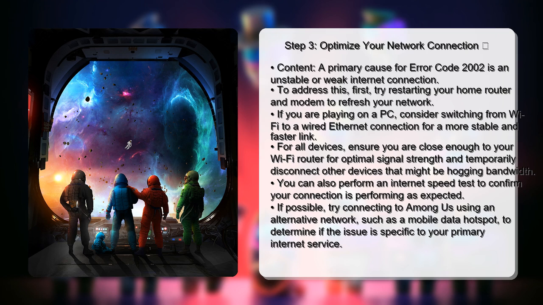Ensure you are close enough to your Wi-Fi router for optimal signal strength, and temporarily disconnect other devices that might be hogging bandwidth. You can also perform an internet speed test to confirm your connection is performing as expected. If possible, try connecting to Among Us using an alternative network, such as a mobile data hotspot, to determine if the issue is specific to your primary internet service.